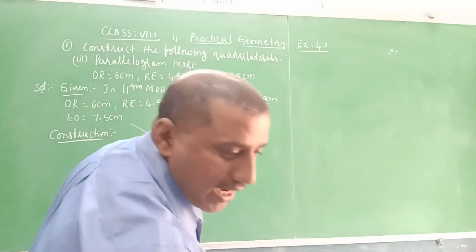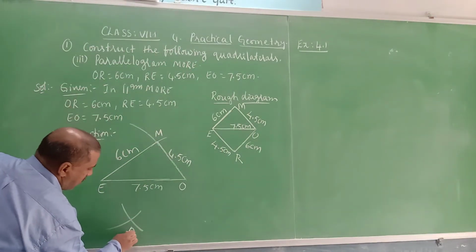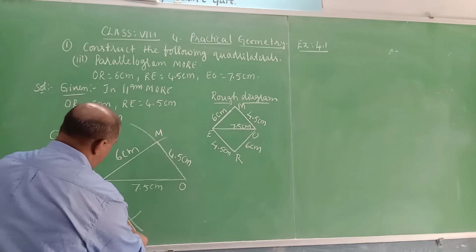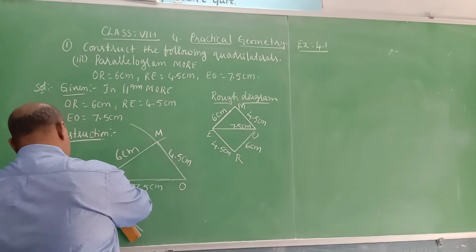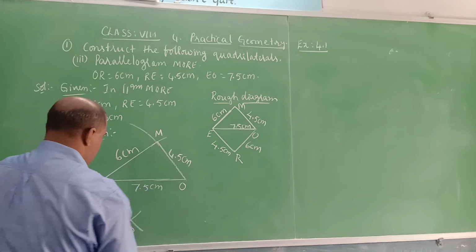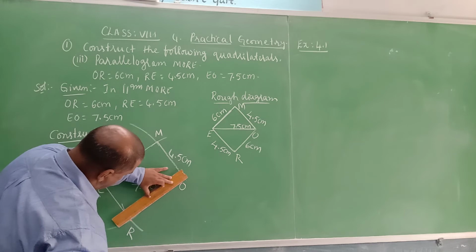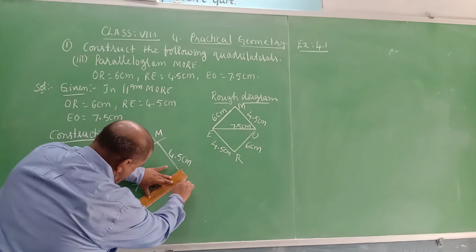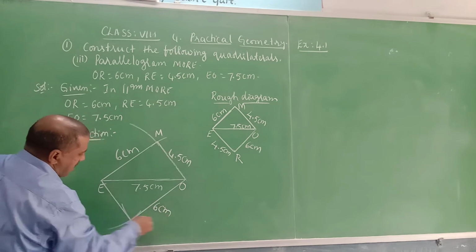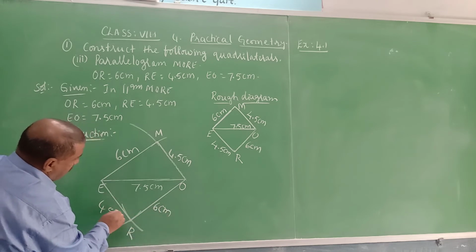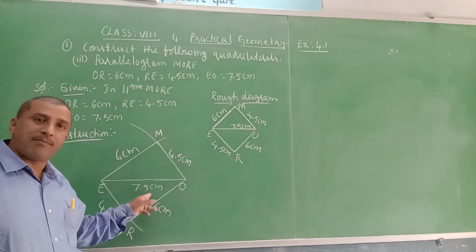We locate that point as R. Join ER and OR. We will get the required parallelogram. This is 6 centimeters and this is 4.5 centimeters. Like this, we will construct the parallelogram.